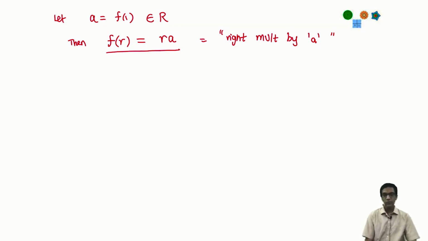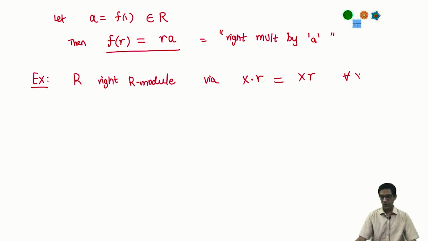Whereas if you tried the same thing, let me leave this as a little exercise for you. Recall, I can also think of R as a right module over itself, as a right R module via the following thing. If I take a ring element x and think of the right action of r, this is just multiplying on the right. So this is the scalar multiplication now for all x in R, for all r in R: when I multiply the element x by r, the answer is just x multiplied by r on the right.